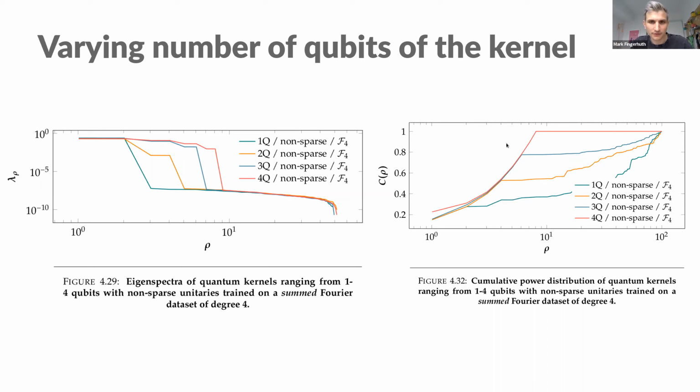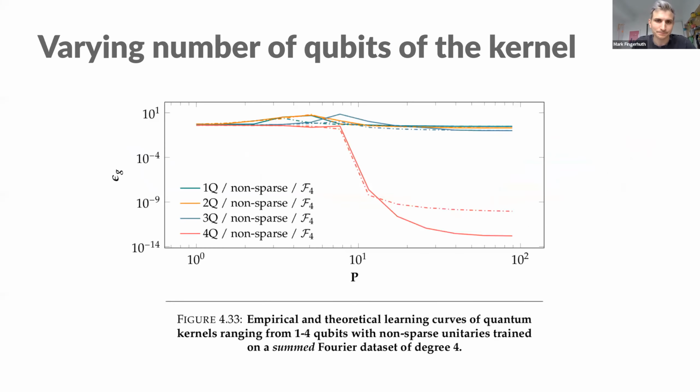But none of them sum up to unity, which means none of them are able to learn the data set until we added the fourth qubit, and only then have we reached the necessary expressivity of the kernel in order to learn this fourth order data set. And then again, we can look at the theoretical compared to the empirical learning curves, and we see that the theory matches the experiment and accurately predicts that we would need a 4-qubit quantum kernel in order to learn this data set.